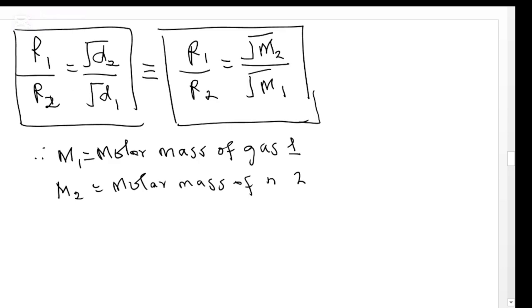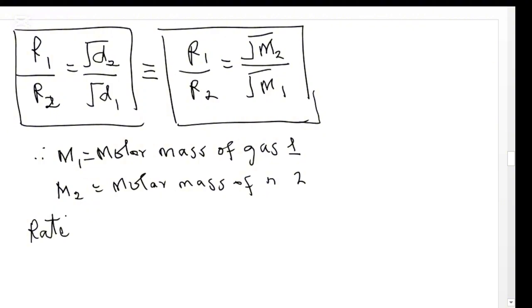R1 over R2 is equal to square root of D2 over square root of D1. It's similar to R1 over R2 equals square root of M2 over square root of M1, where M1 represents molar mass of gas 1 and M2 represents the molar mass of gas 2.